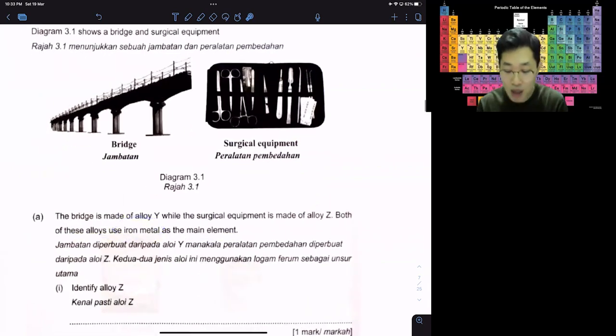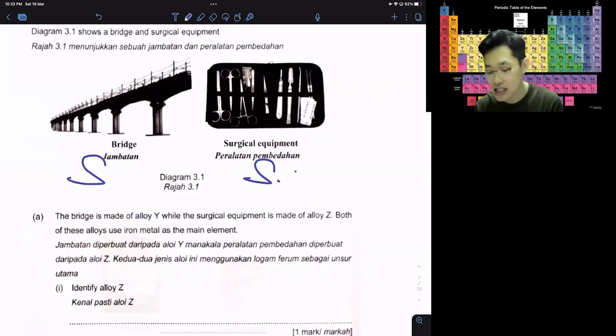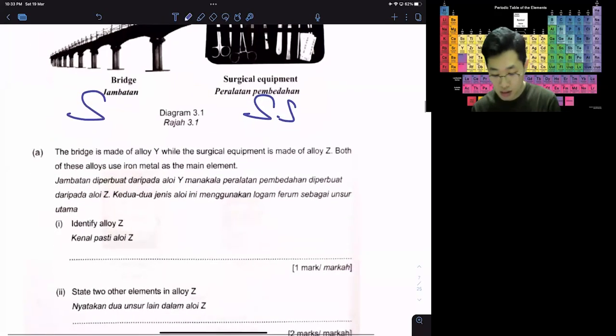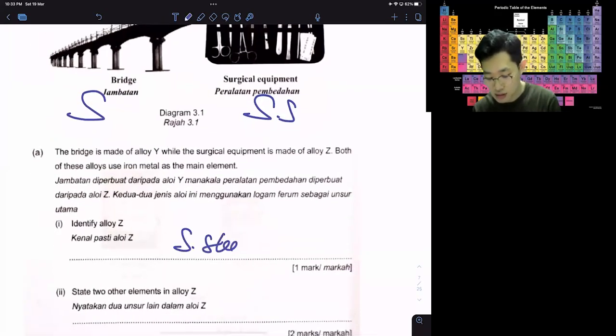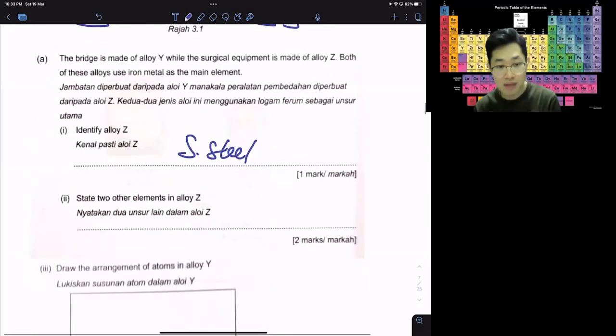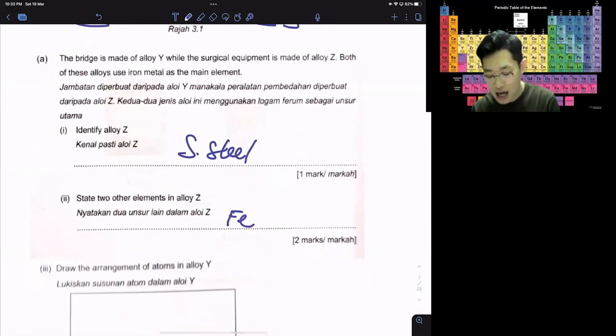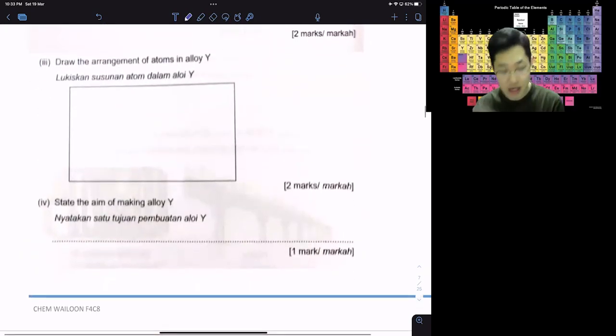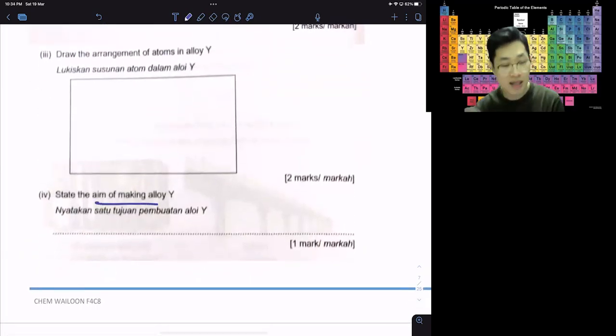So obviously, one is steel, another is stainless steel. So stainless steel, two elements in Z: Fe, iron, and also carbon. Aim of making alloy: harder, stronger, resistance to corrosion.